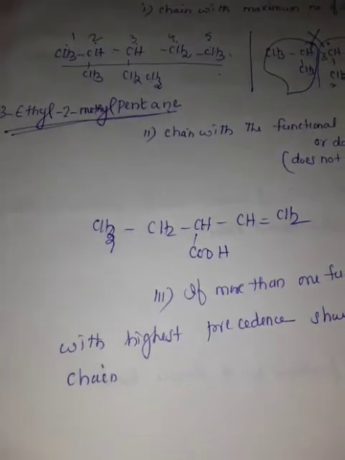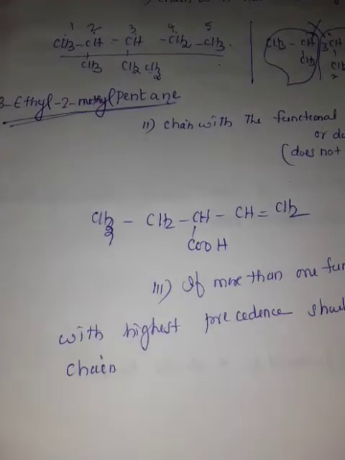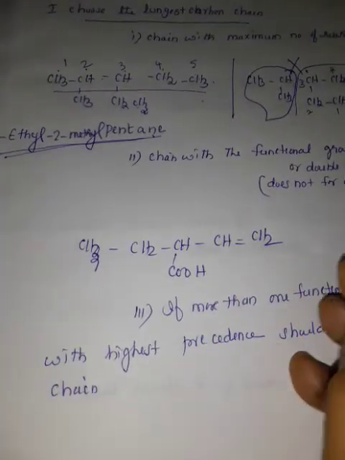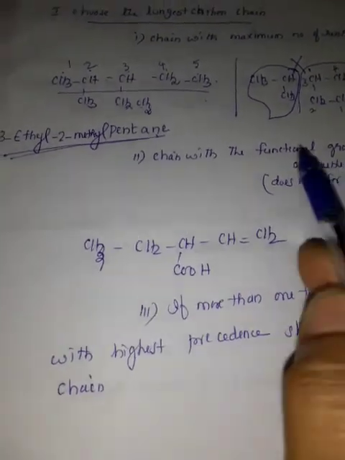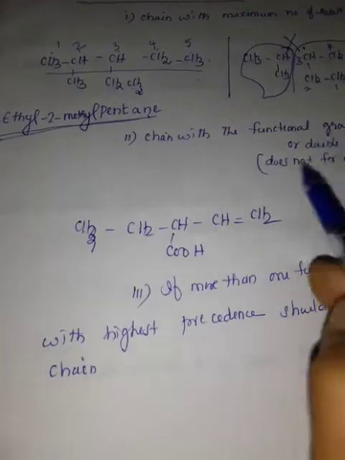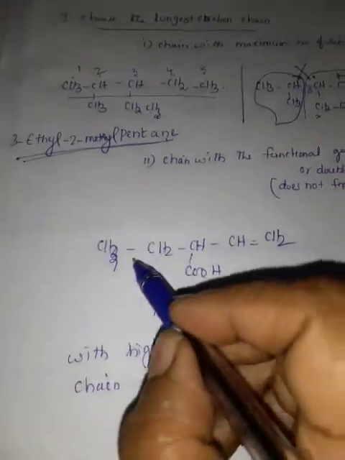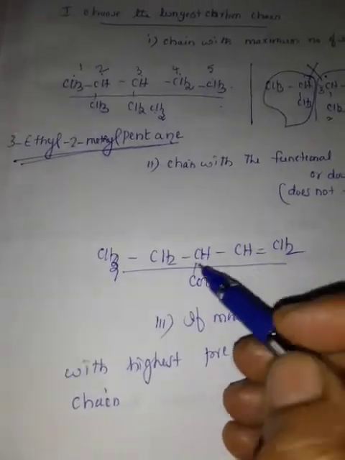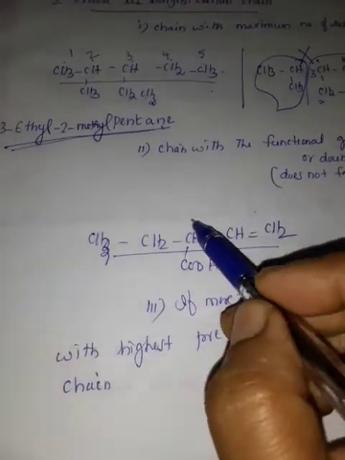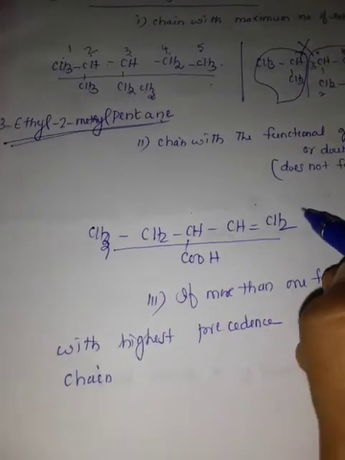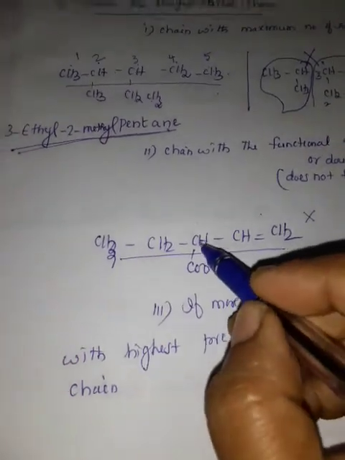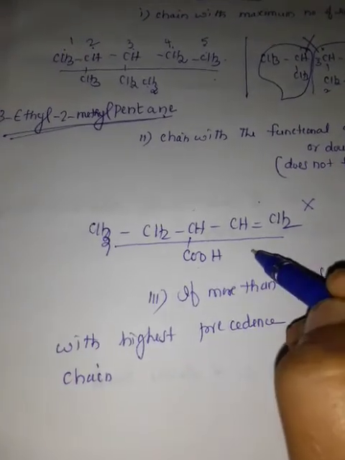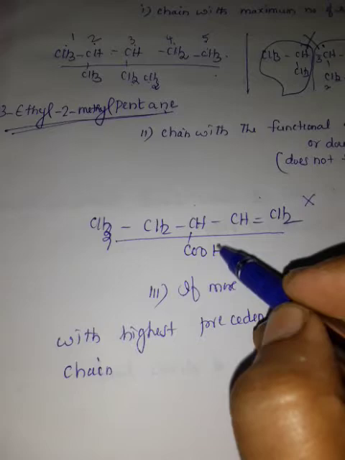So this is a compound. The chain with a functional group or double bond should be in the same chain. If I select this one, 1, 2, 3, 4, 5, this is wrong. Why? The COOH group is in the branching. This should not be so.